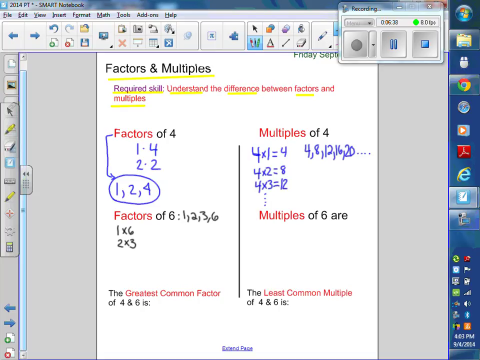The multiples of 6 are found by multiplying 6 by 1 to get 6, and then 6 by 2 to get 12, and then 6 by 3 to get 18. So it's basically skip counting, or counting by 6s.